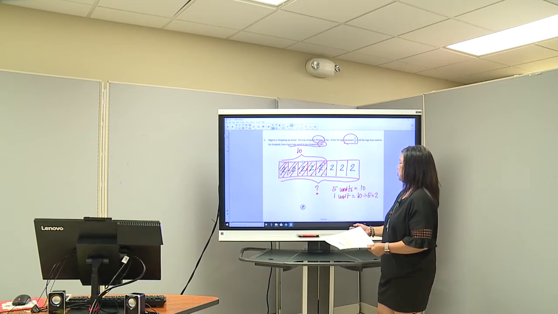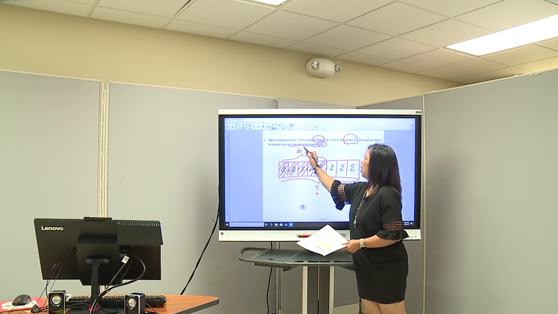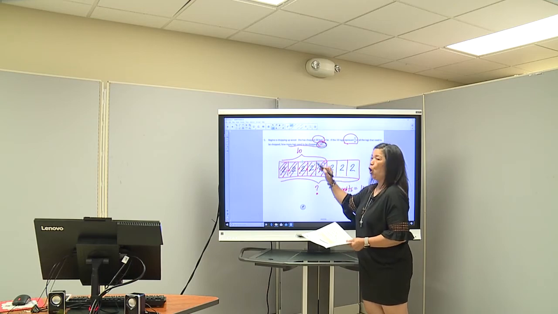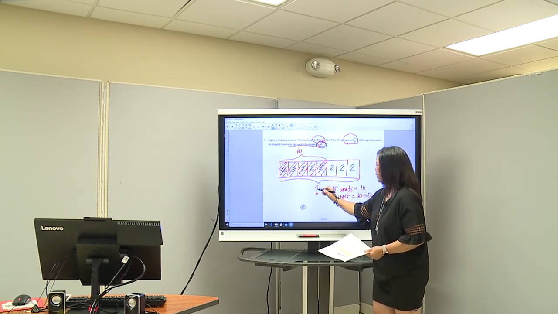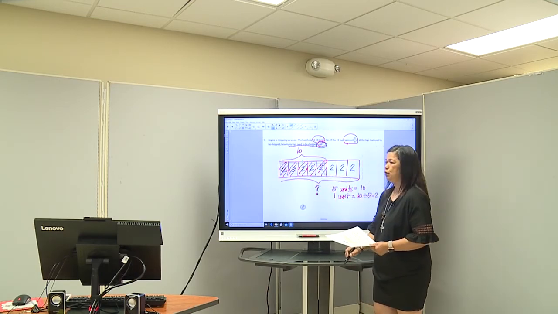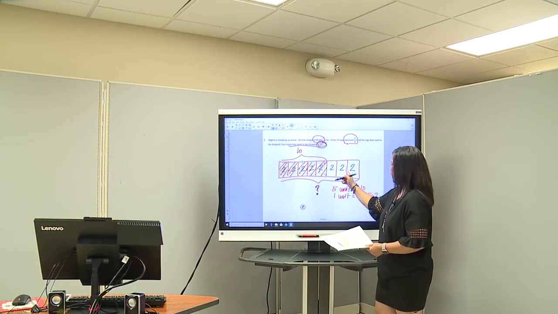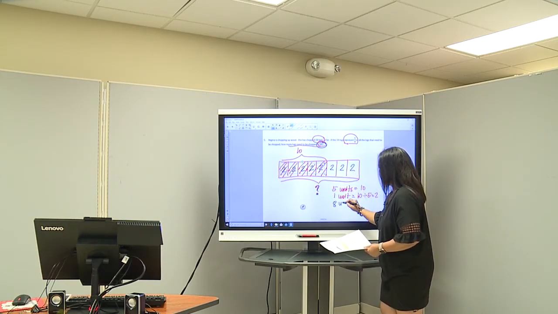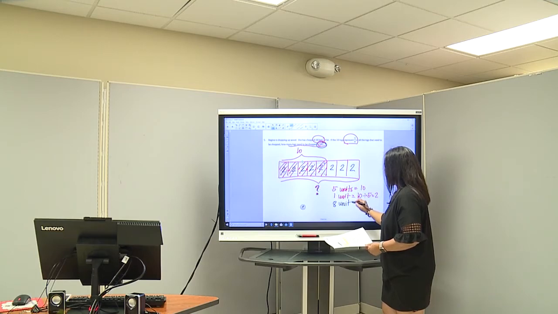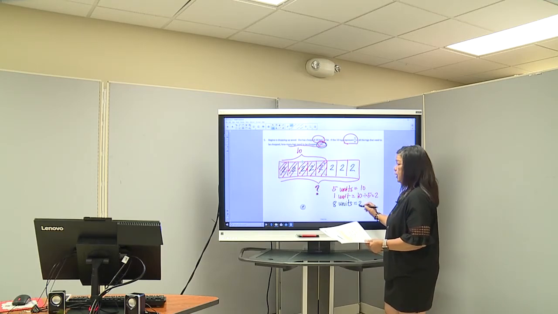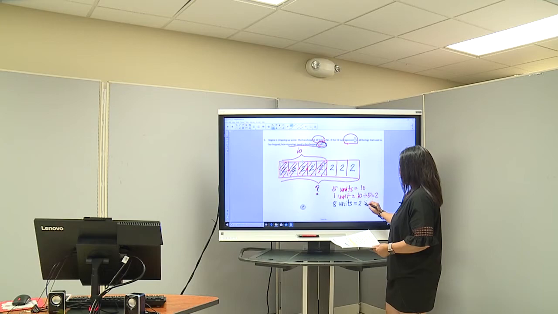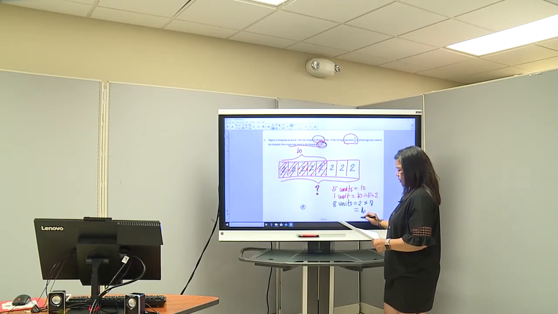Now, what is the question? The question is, how many logs need to be chopped in all? So the whole thing is, you see that question mark, is what we are looking for. So if there are 8 parts or 8 units, and we know that each unit is 2, all I need to do is multiply 2 times 8, which is 16.